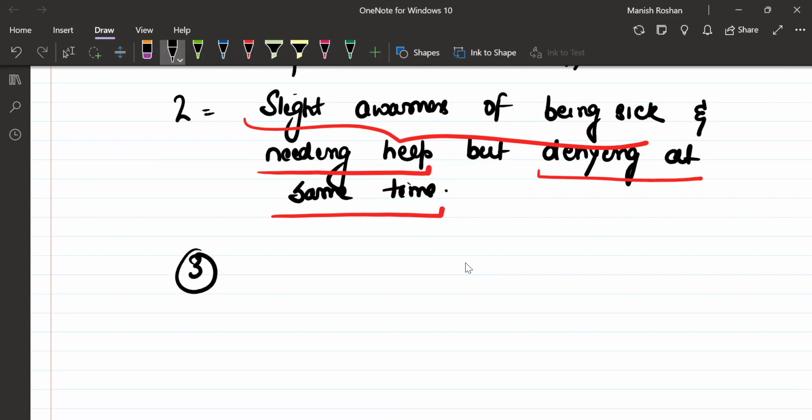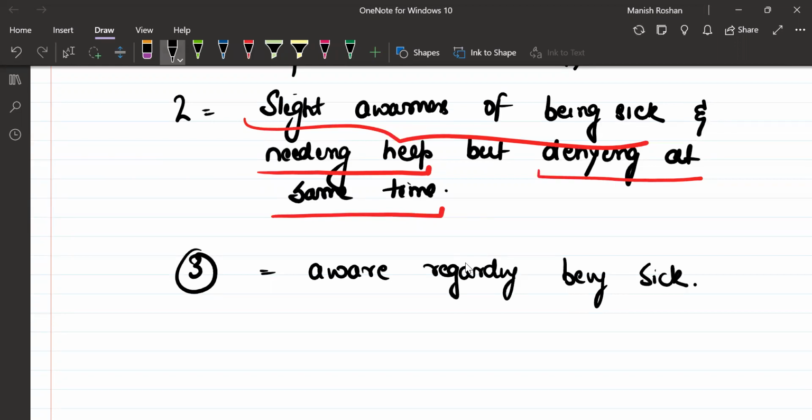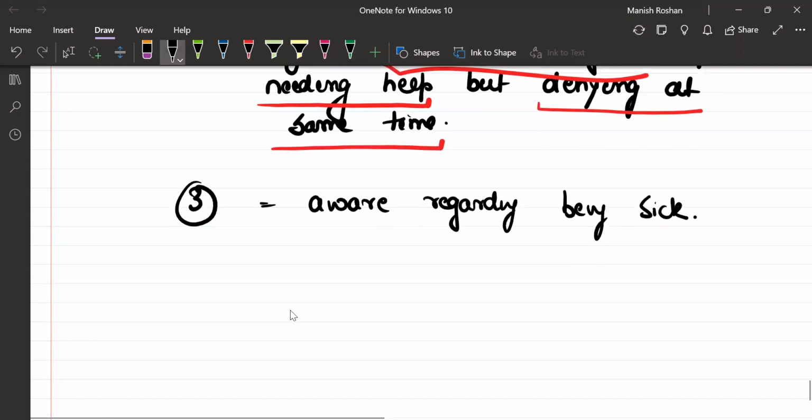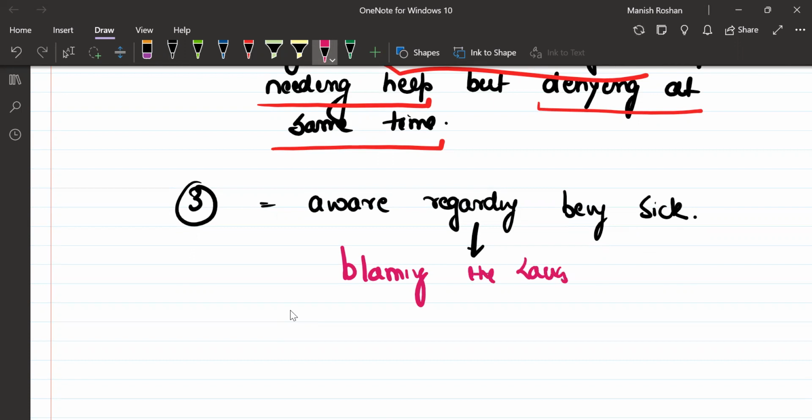In three, the patient is aware of being sick. This is important. But the patient is blaming the cause on others, number one.